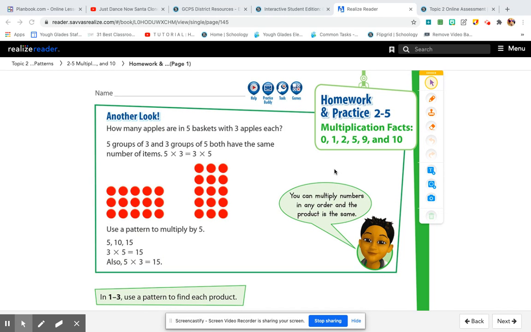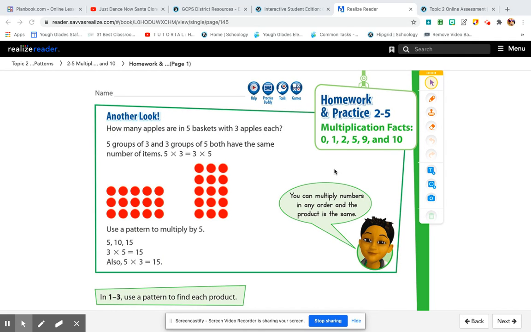And we learned that patterns in multiples of 0, 1, 2, 5, 9, and 10 can help us solve those facts. So we're going to take another look at all of them together and use what we know to solve these problems. How many apples are in 5 baskets with 3 apples each?